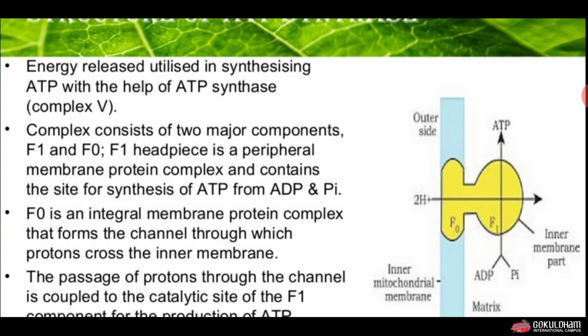The F1 is a headpiece, a peripheral membrane protein complex, and contains the site for the synthesis of ATP from ADP. The F0 is an integral membrane protein complex that forms a channel through which protons cross the inner membrane.